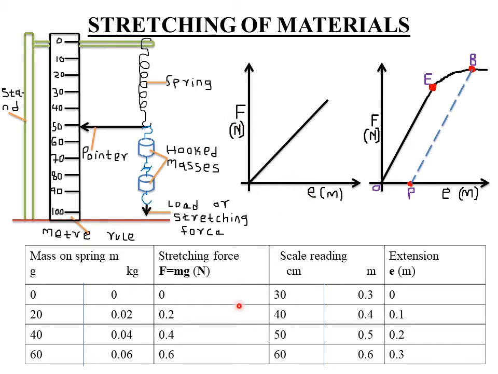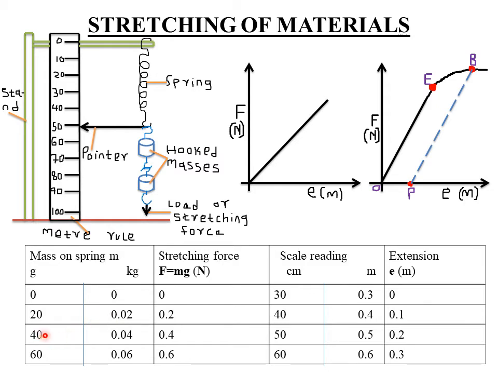That is to mean that whenever the values of forces are increased, or when more masses are added, the extension is also increasing. As you can see, when no mass is attached, the force applied is 0, the extension is 0. When we increase the mass to 20 grams, the force applied is 0.2, the extension also increases to 0.1.